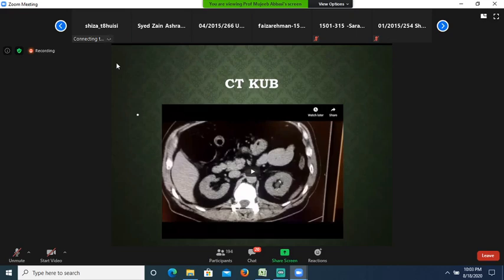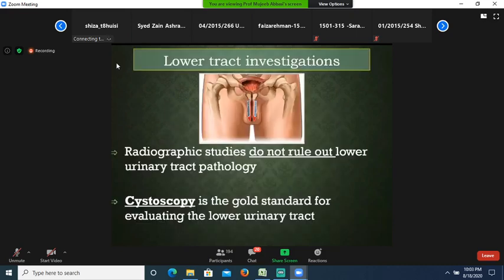Now, for lower tract infection, radiographic studies do not rule out any urinary tract problem, not 100%. If it is a huge one, it can be seen, but it's sometimes difficult. So the gold standard would be cystography, which will tell us about the lower urinary tract, which means the urethra, whole length, and into the bladder. Other tests: urine cytology and markers.